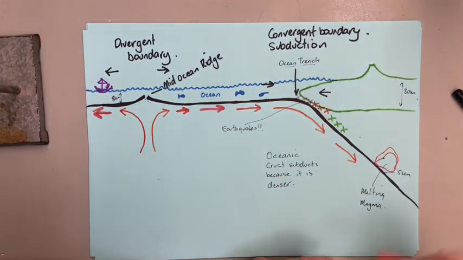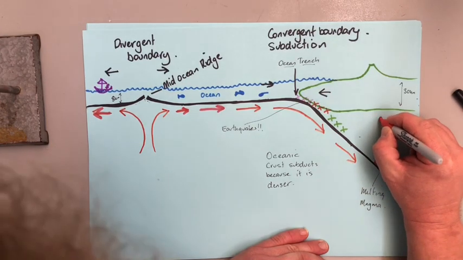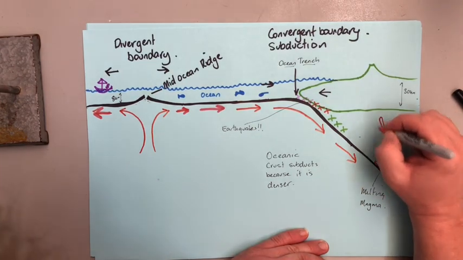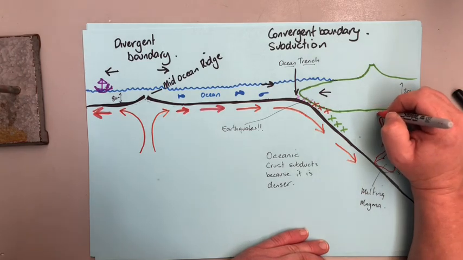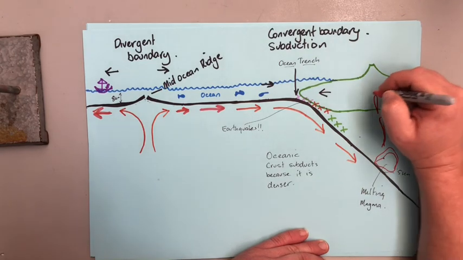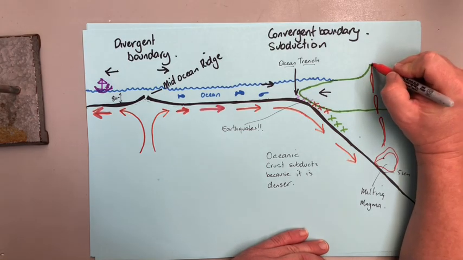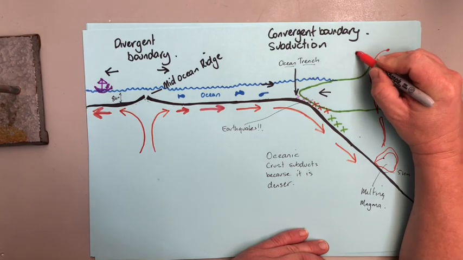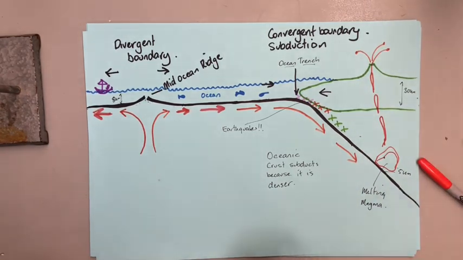That makes it different in density. So the magma starts to rise up. And it rises up through the crust until it gets to the surface and forms a volcano. So let's write that down.